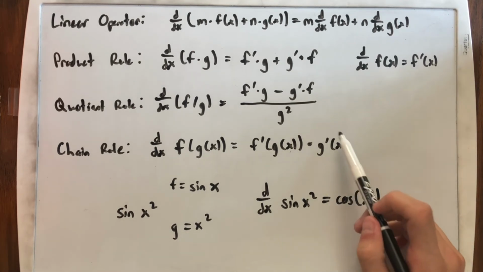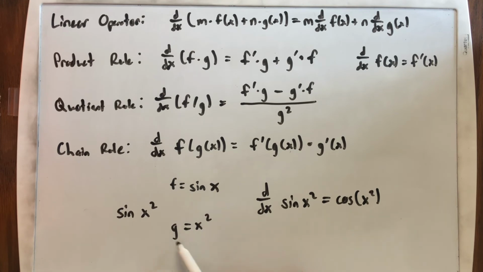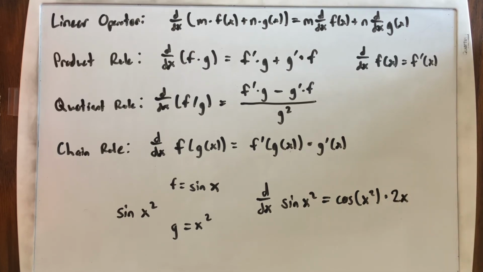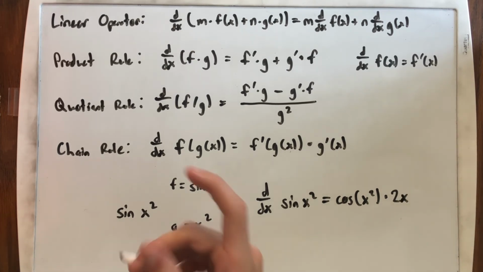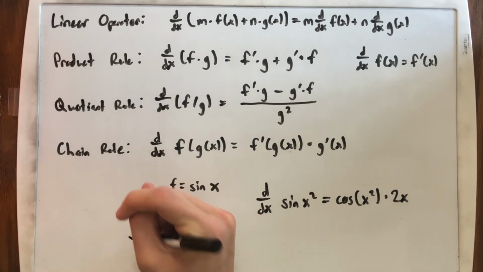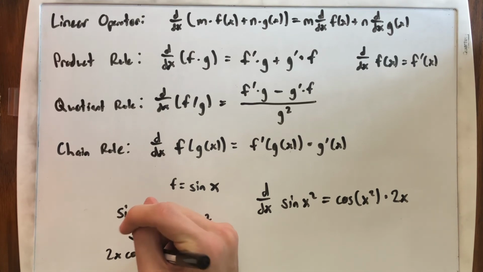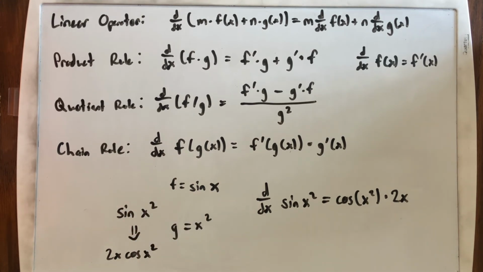Then we multiply it by just this derivative of g prime. And using the power rule, we can see that the derivative of x squared is 2x. So if you take the derivative of sine x squared, you get 2x cosine x squared. And there you have it, all the most important properties of derivatives.